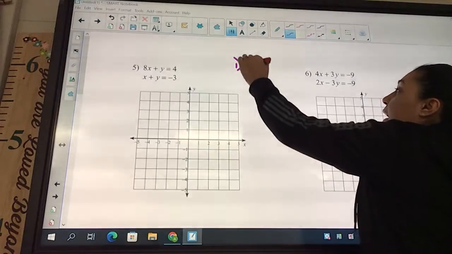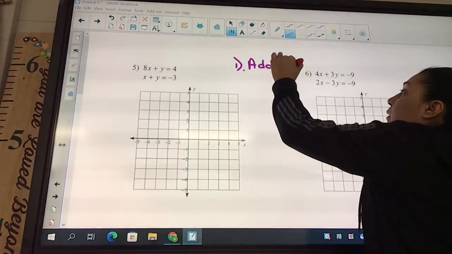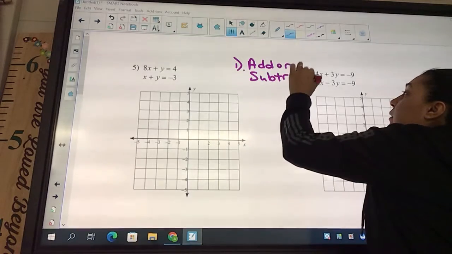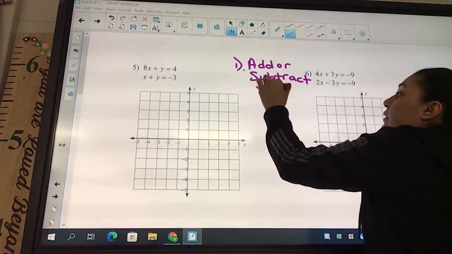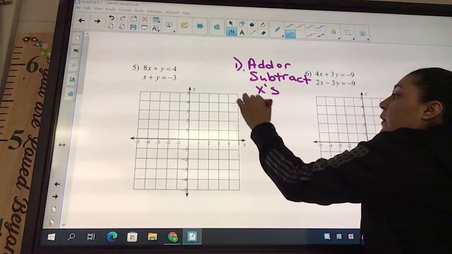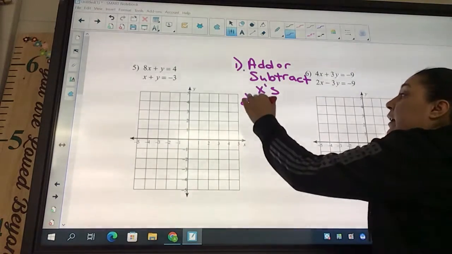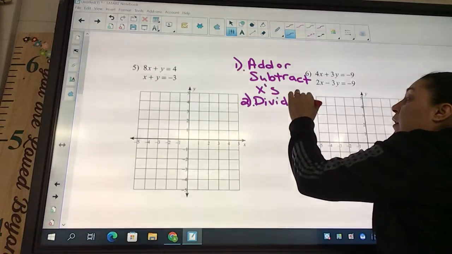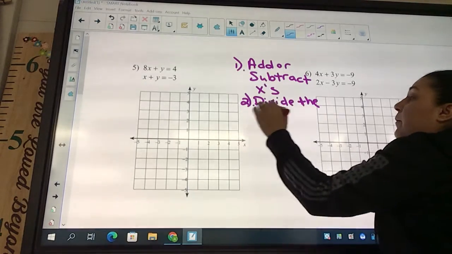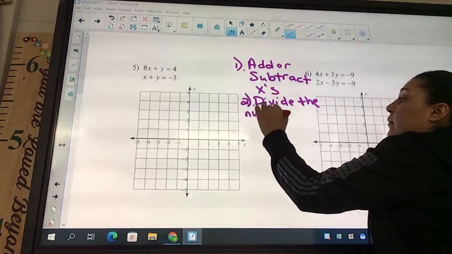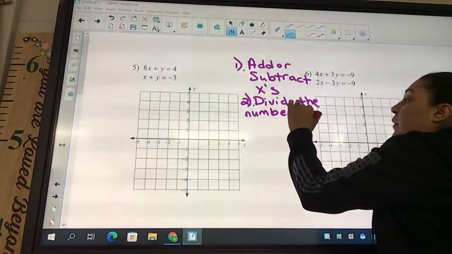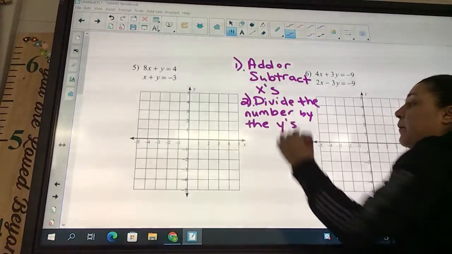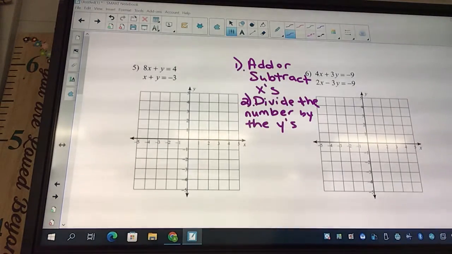You have to add or subtract the x's, and then you're going to divide the number by the y's. And I'll show you what I mean.